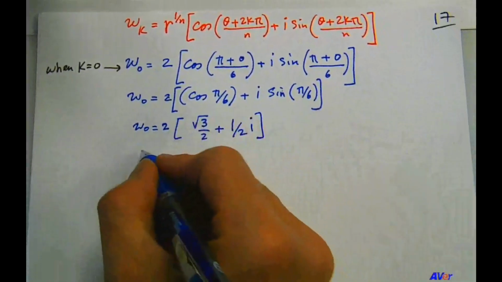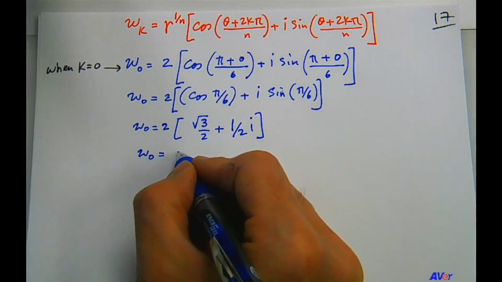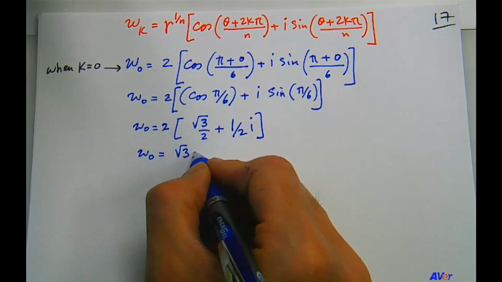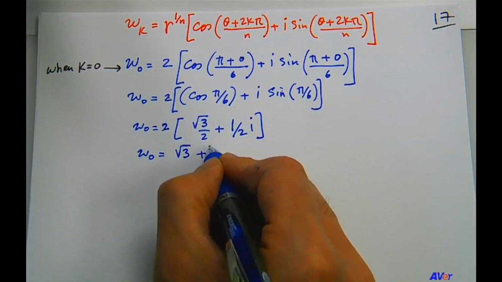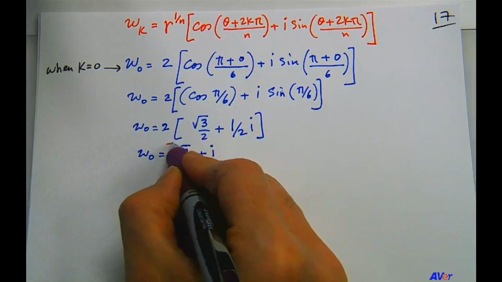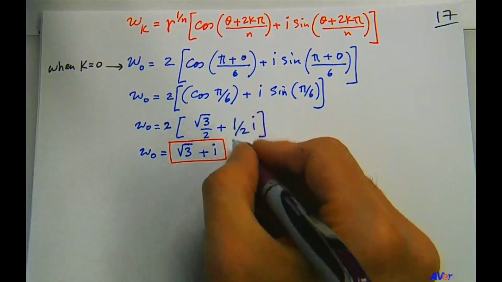What do we get? If you distribute the 2 into both terms, the first root equals square root of 3 plus I. So that is the first root. Okay?